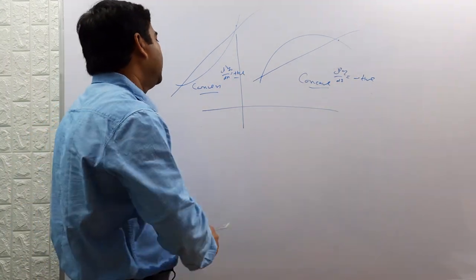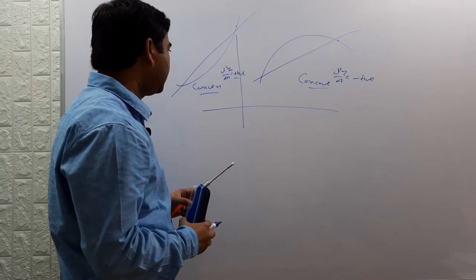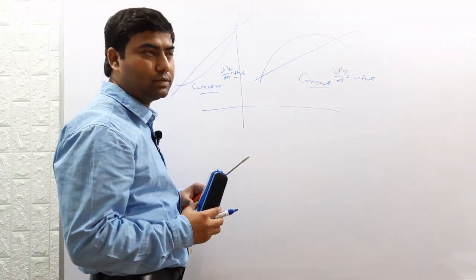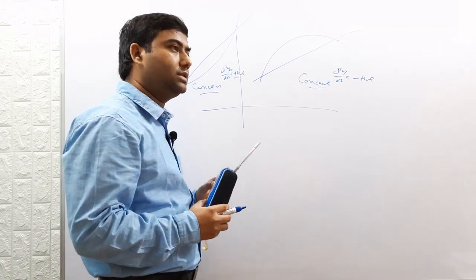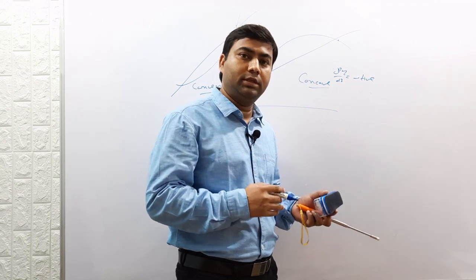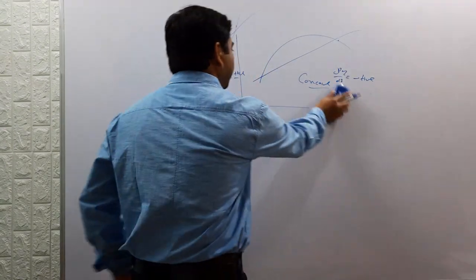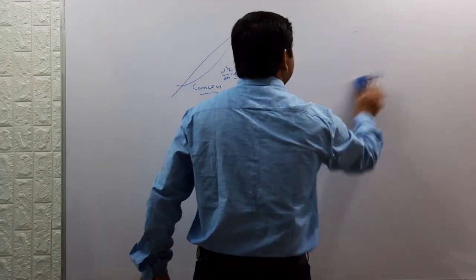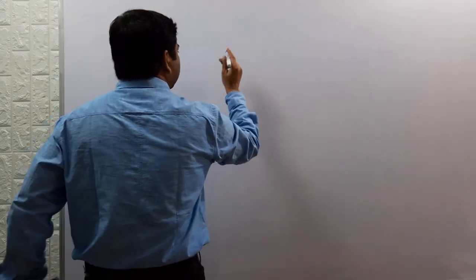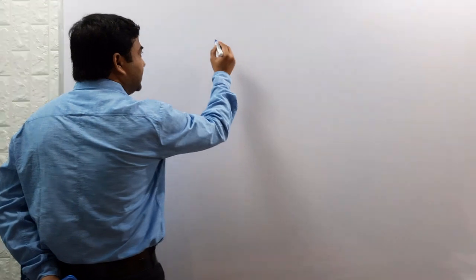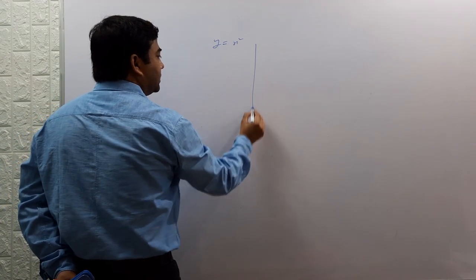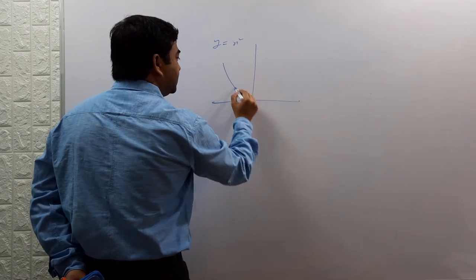So the second derivative is used to find concavity and convexity, and the first derivative we have discussed for its utility in finding maxima, minima, and increasing and decreasing functions. So for example, let us take a function y is equal to x square. This graph is like this.